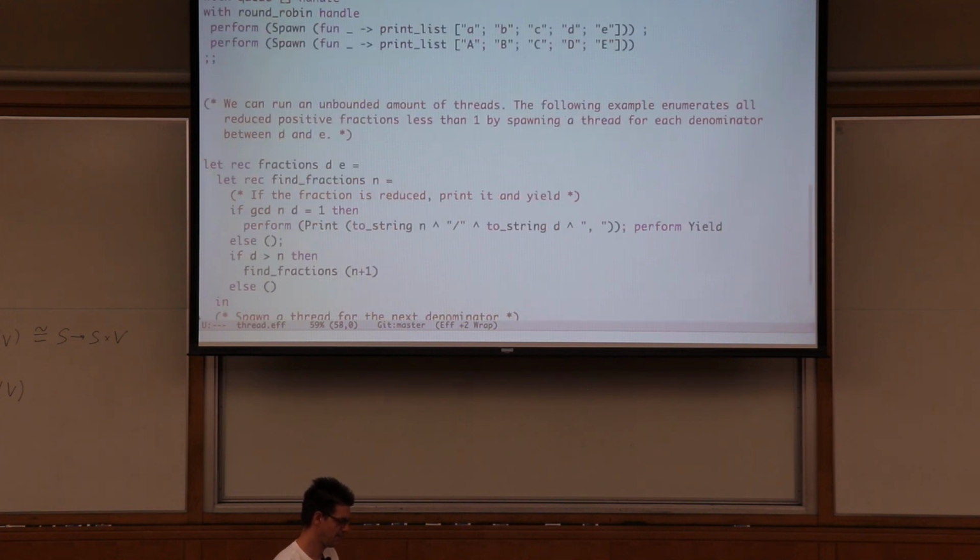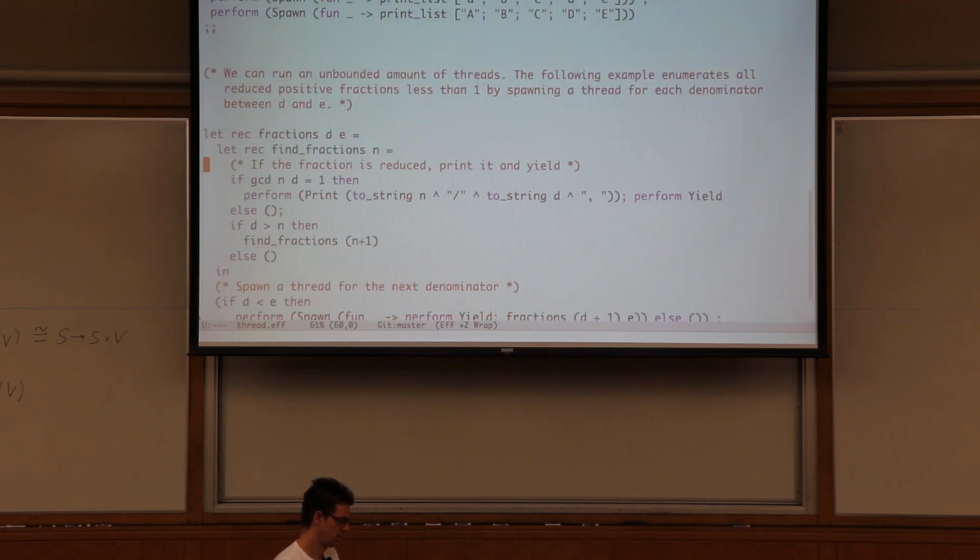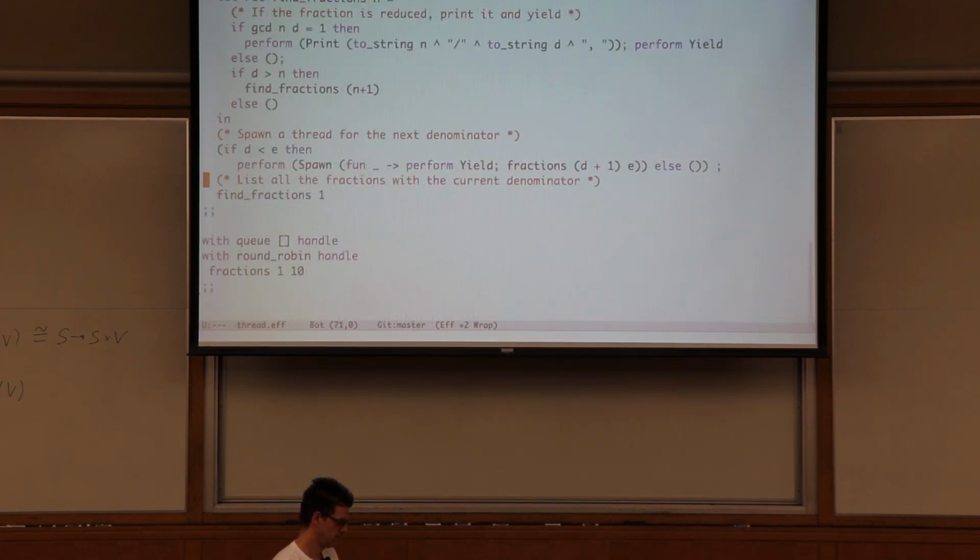So let's do a crazy one. Let's enumerate all fractions. So let's understand what this does. Maybe let's see what is the time. No, let's not understand what this does. Okay, so here, this one is just going to spawn lots of processes, one per denominator.